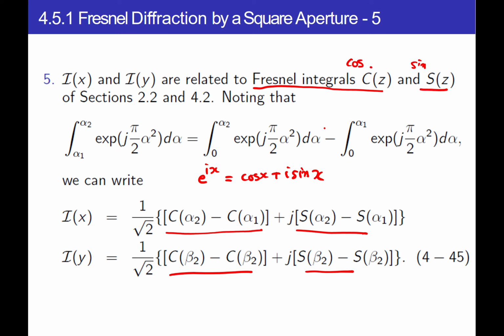If you want to find out what they are, you need to go back to sections 2.2 and 4.2. Basically, instead of this function, you get the cosine of pi over 2 alpha squared plus i sine of pi over 2 alpha squared, like this.